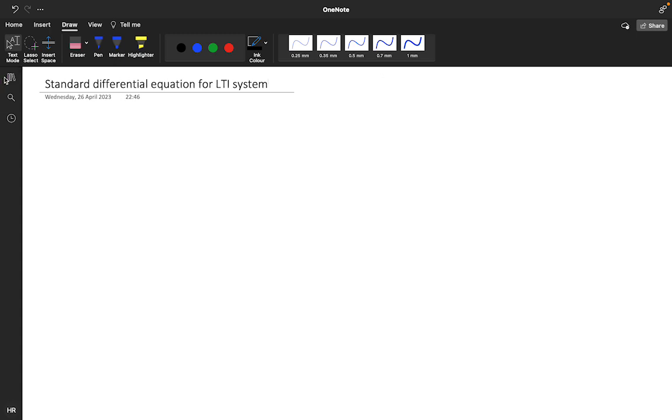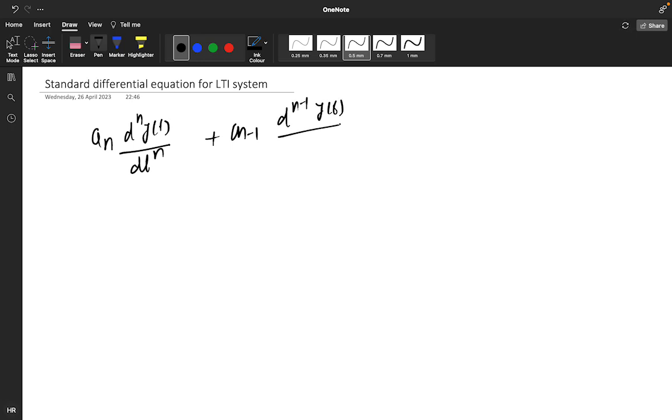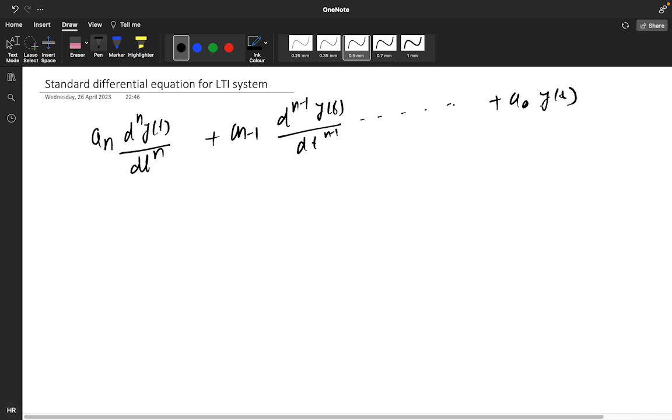So guys, what is the standard differential equation? a_n is the coefficient: a_n d^n y(t) divided by dt^n plus a_(n-1) coefficient d^(n-1) y(t) divided by dt^(n-1). It's going like this, and you will reach up to a_0, where you will get y(t) only. And you can write like this also.